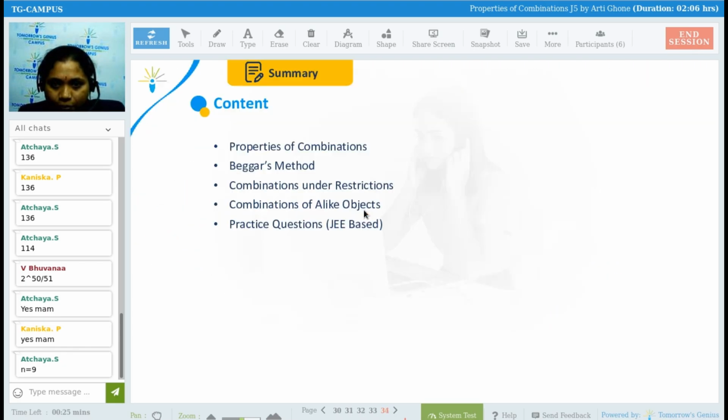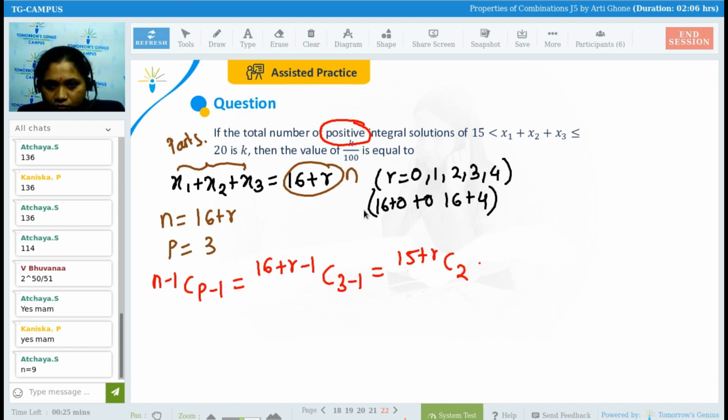Now in our particular question, the total number of positive integral solutions, no concern with distinct or anything. So I am using this formula, n minus 1 C p minus 1. Clear? So what will be the answer? This will be 15 plus r C2.